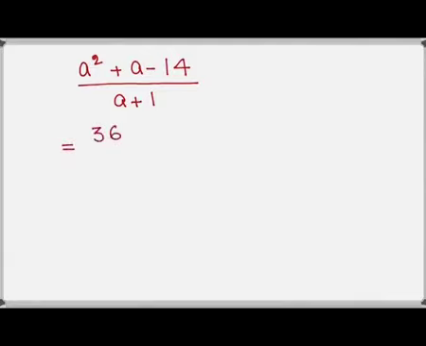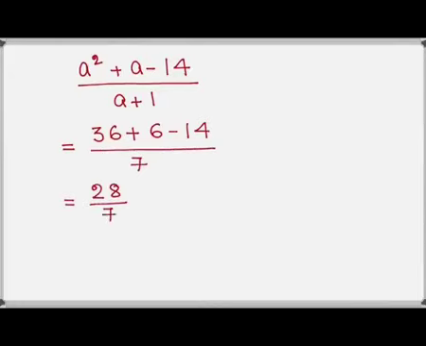So we substitute A is equal to 6 in this expression: (A square plus A minus 14) divided by (A plus 1), and we get 36 plus 6 minus 14 divided by 7, that is 28 by 7.